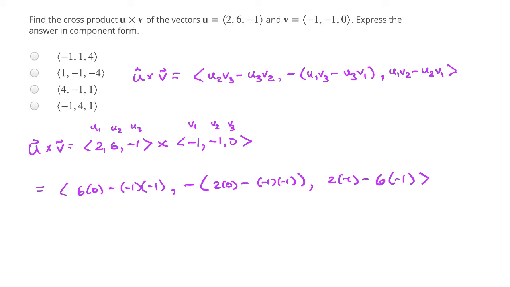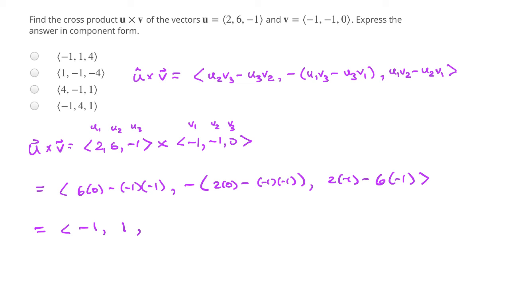Well, if we clean these values up, we have a -1 times -1 with a negative, so we have a -1 for our first component. For our second component, we have 0 minus 1, which is -1, times the negative out front, so that becomes a +1.